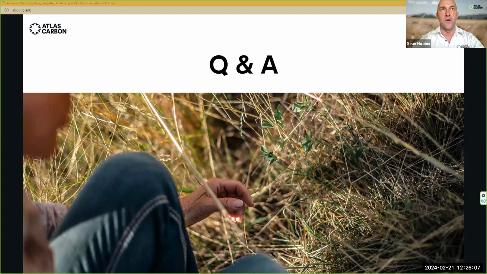The government's going through consultations, but the idea is that it'll bring down the costs and bring up the carbon credit generation. So properties which didn't have viable soil carbon projects or veg carbon projects, when you bring them together, they can be viable. So it's worth keeping that in the back of your mind. There's going to be stuff coming out later this year. But I'll get your contact details, Chris, and we can chat about that a bit more.